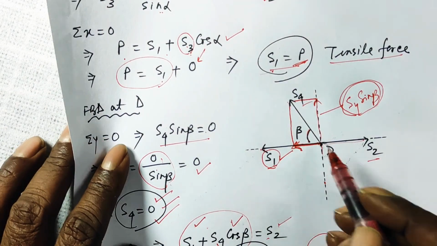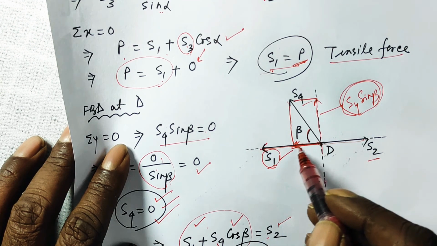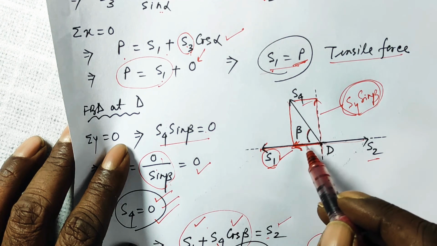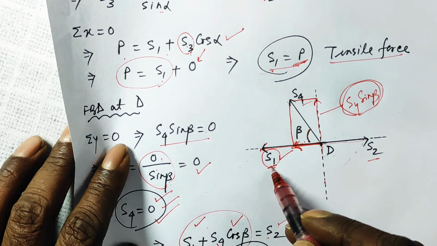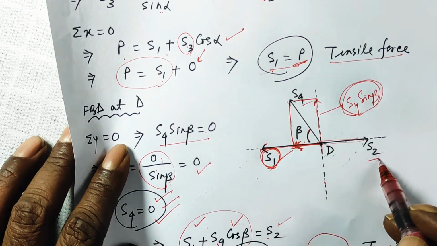Now here, S1 is to the left-hand side, that is along the negative x-axis, and this component from here to here, that is equal to S4 cos beta, is in the same direction as S1. So S1 plus S4 cos beta will be equal to S2.